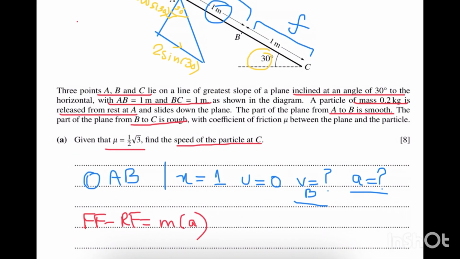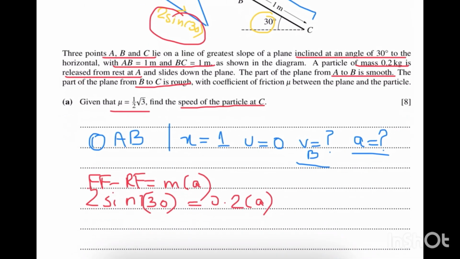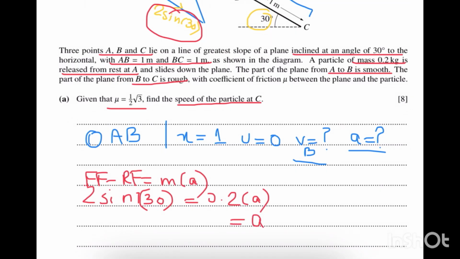So the forward force will be this 2 sin 30, and there will be no resistive force since there is no friction in AB, and the mass is 0.2 a. The acceleration will be 2 sin 30 divided by 0.2, which leaves 5. So the acceleration is 5 meters per second squared.